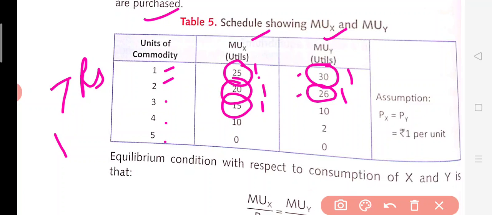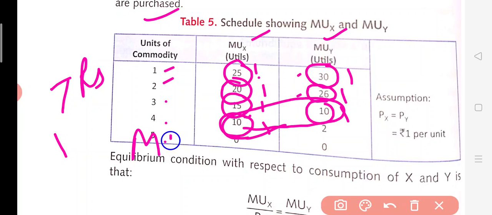Now where is he going to spend his sixth rupee? Here it is going to be spent. And where is the last one going to be spent? Here. So here we can see at last that this 10 and 10, both the marginal utilities, MUx is equal to MUy.